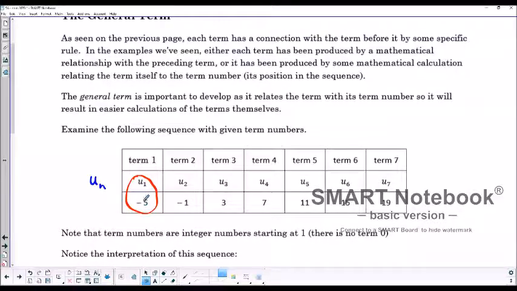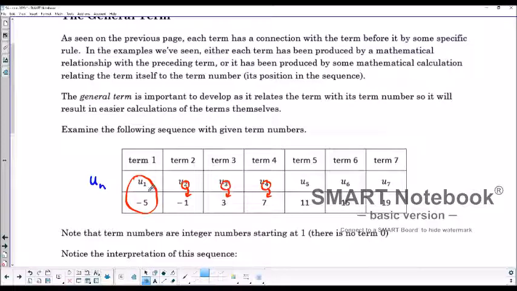Then you test your rule: what can I do with this 2 to get -1? Is it the same rule to use 3 to get 3? And 4 to get 7? So we're using the n values of 1, 2, 3, 4, etc., to get the actual terms.